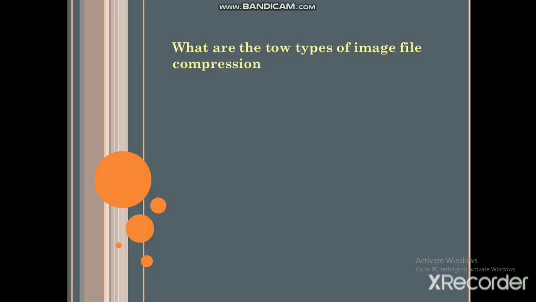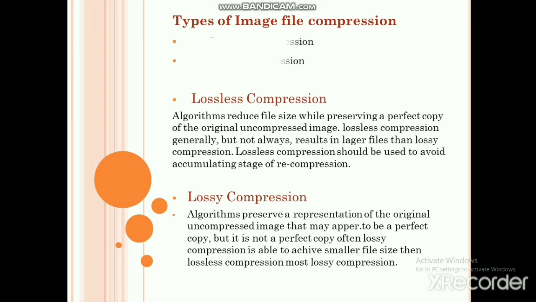What are the two types of image file compression? Types of image file compression: lossless compression and lossy compression. Explain them.